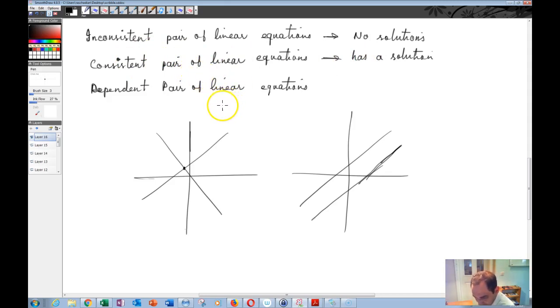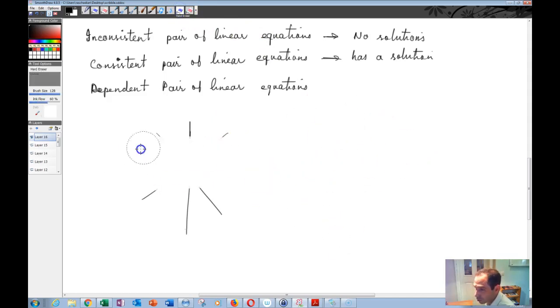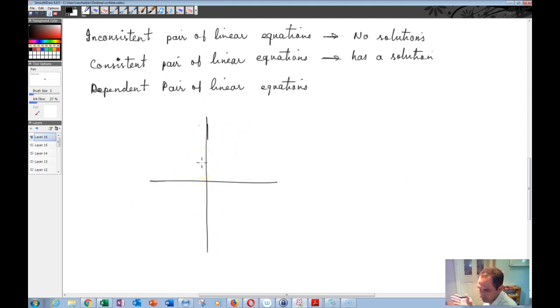And in the case that we had over here, where the two lines were coincident, let's say that you have a pair of linear equations, and both of the lines are represented by this line over here, meaning that the two lines are actually coincident.